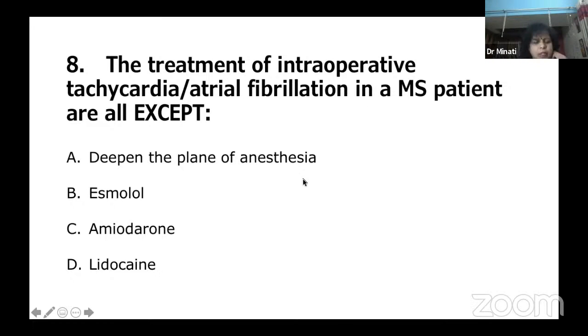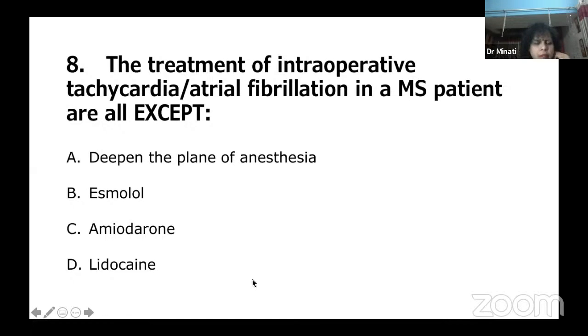This should they answer correctly. Yes, I am closing the poll now. Yeah, 78% is going with option D. So that is the right answer.